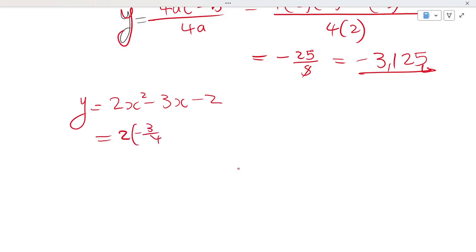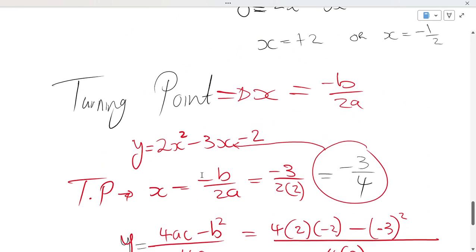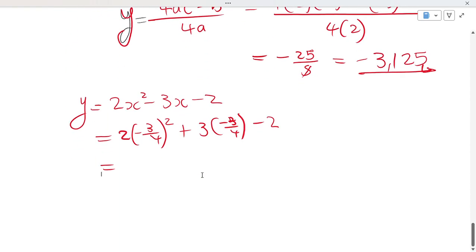Negative 3 over 4, squared, plus 3 times negative 3 over 4, minus 2. So the answer is positive 11 over 8.